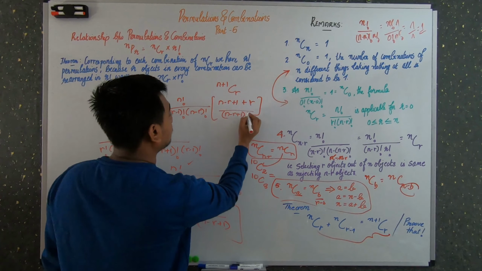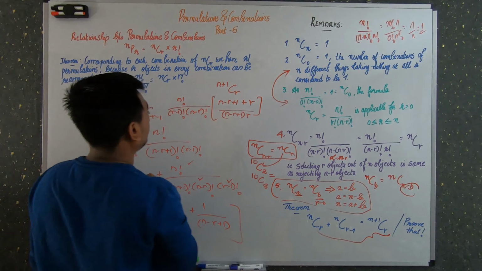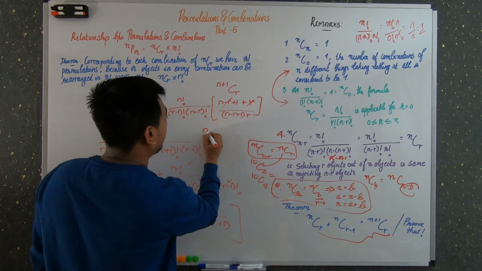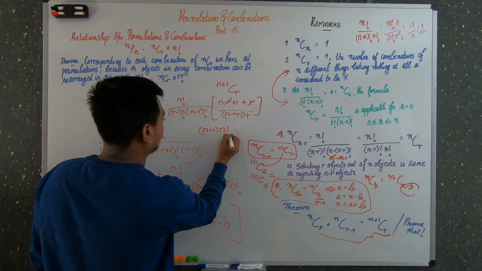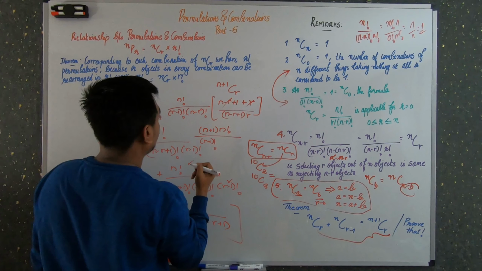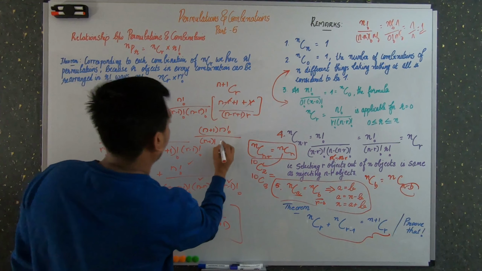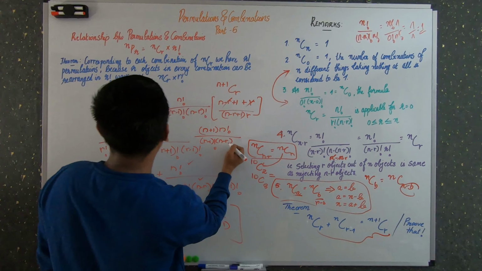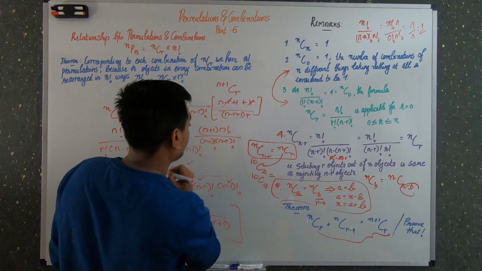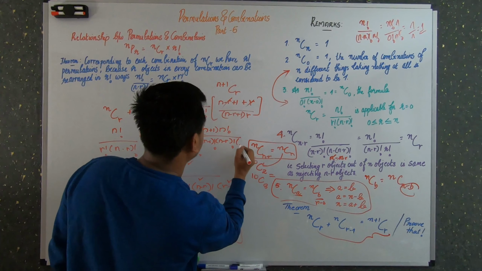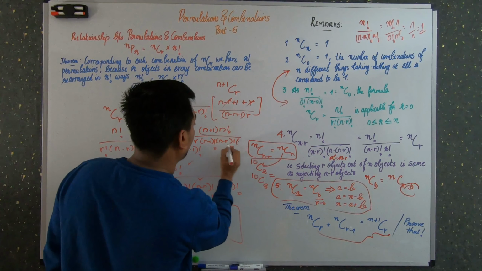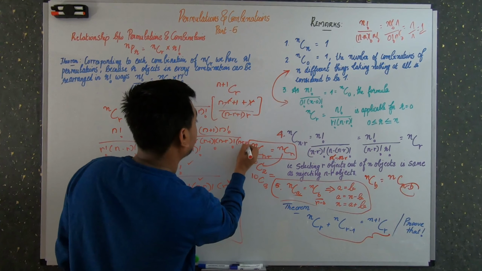What happens? This r and this r get cancelled. So you will get (n plus 1) into n factorial by (r minus 1) factorial into (n minus r) factorial, with r into (n minus r plus 1) in the denominator.